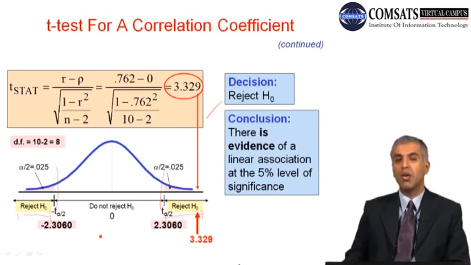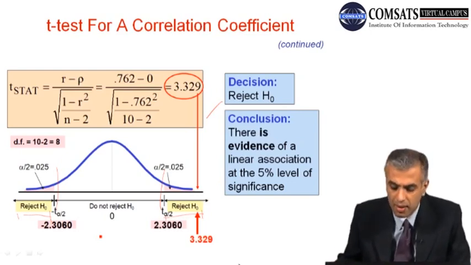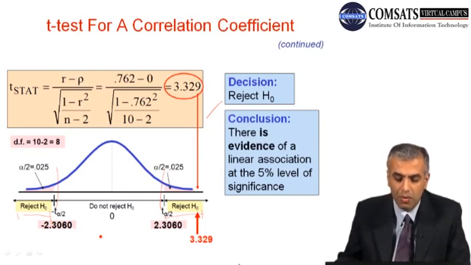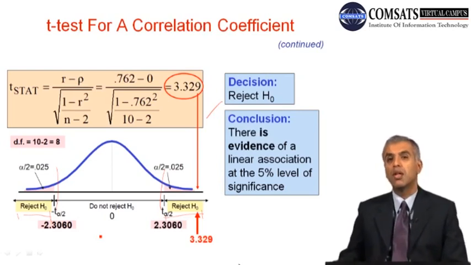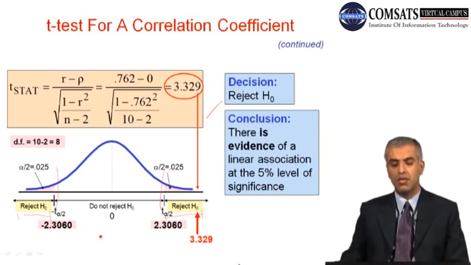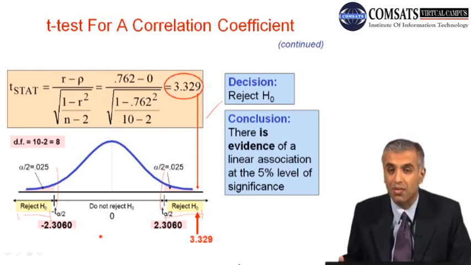We plot the value calculated from this t statistic, which is 3.329, and we can see that this value falls in the region for rejection of the null hypothesis. So based on that, yes, we can conclude that there is evidence of linear association between the independent and dependent variable.